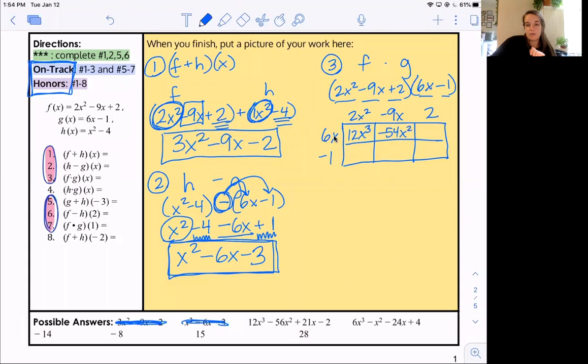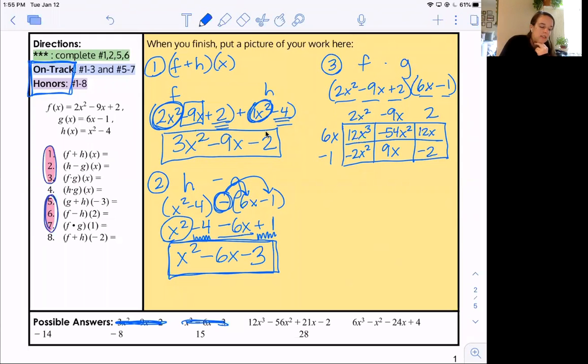And then we have 2 times 6 would be 12 with the x, 12x like that. We have 2 times negative 1, negative 2x squared coming straight down here. Negative 1 times negative 9x is positive 9x, and 2 times negative 1 makes negative 2.